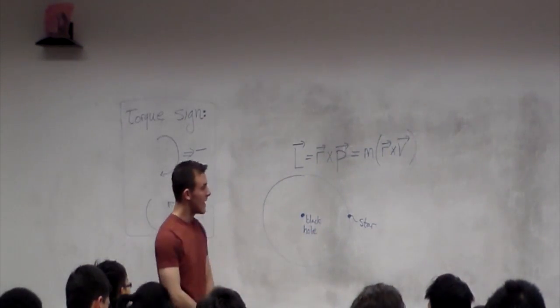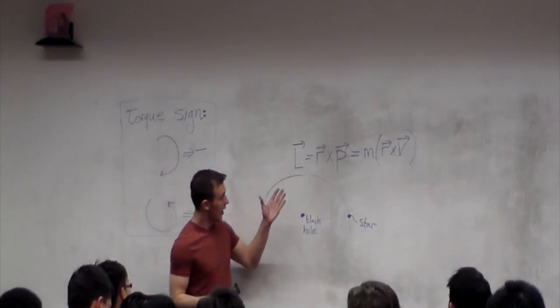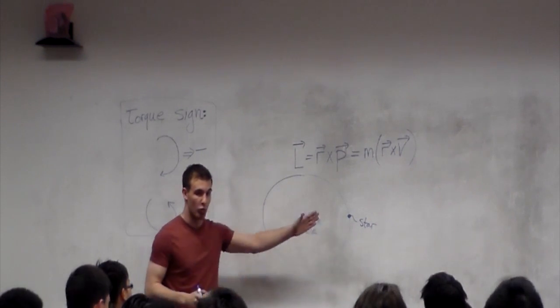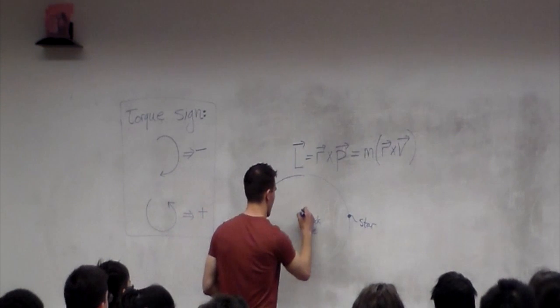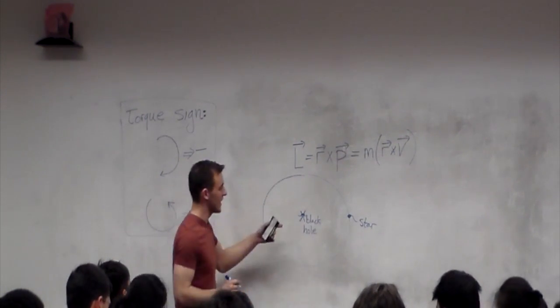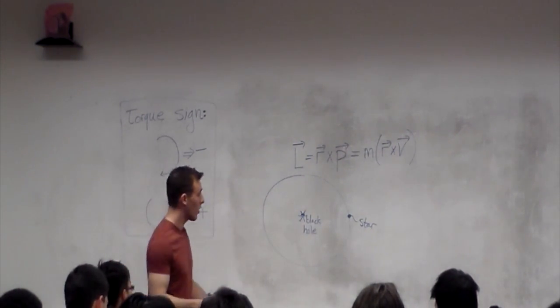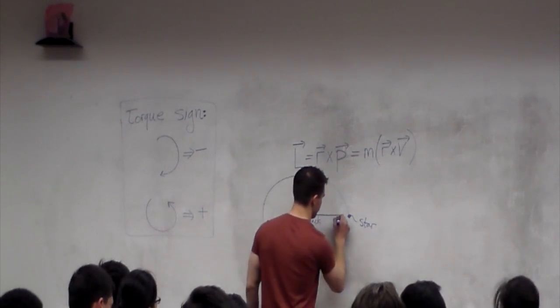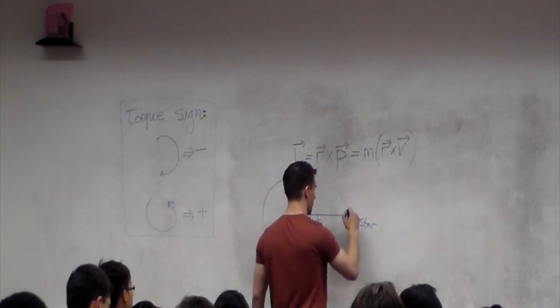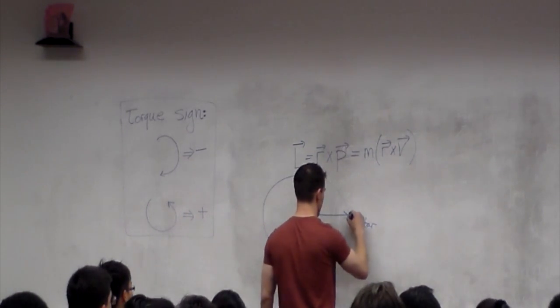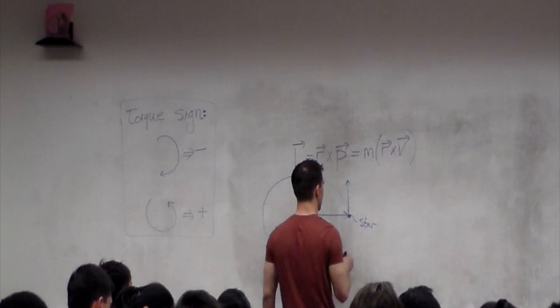Okay? I can calculate the angular momentum of the star relative to this axis. So if I say, all right, I want an axis about here, what is the angular momentum of the star? R would be this vector, and V would be the velocity of the star. So if it was rotating in a circle, maybe V would look like this.